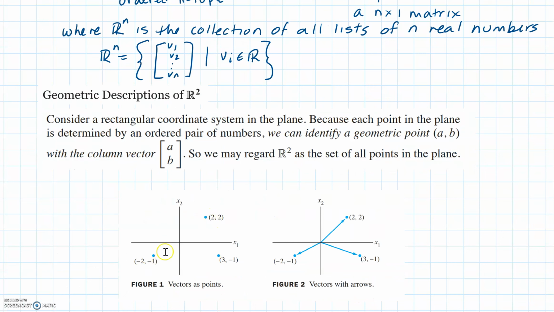Here are a few examples. The point (2, 2), here it is as an ordered pair. Now the (2, 2) point is going to be determined by a vector. What we're going to do is draw a ray from the origin up to that point, and that line right there is the vector.